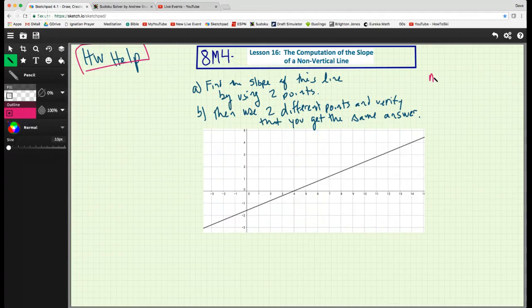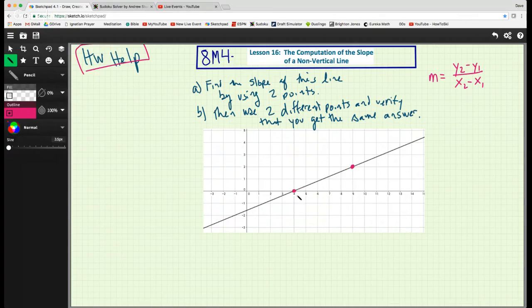Now let's recall. I'll write it on the first one here. The slope formula looks like this. And you know what? I'll go ahead even and give you x1 and y1 on this first one. And then I want you to find 2 different points and we'll calculate it a second time.